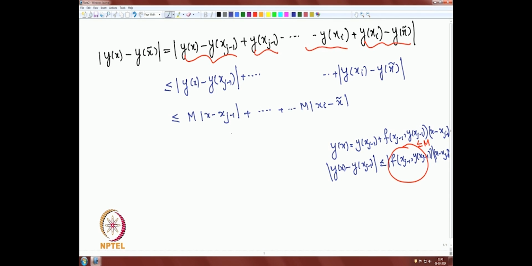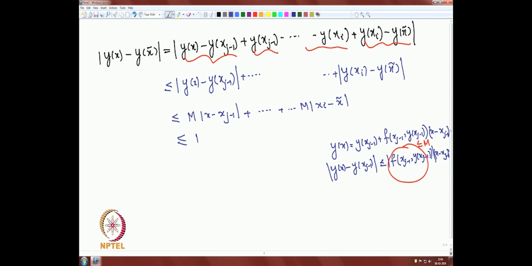Now, use the fact that x1, x2, x3 are all in increasing order. So, therefore, we can get rid of the absolute value.